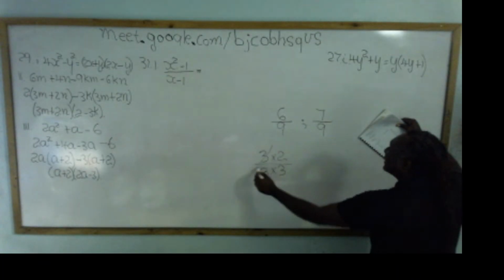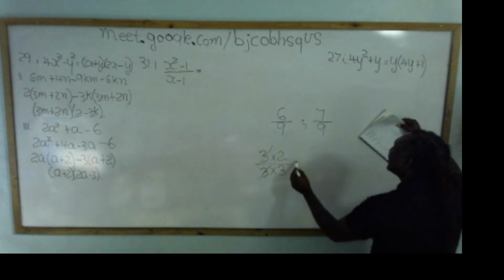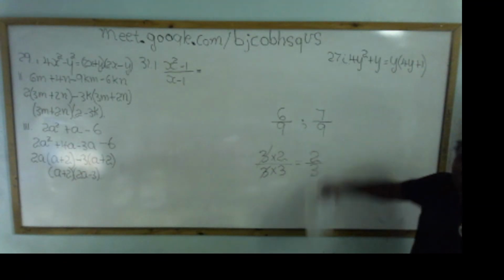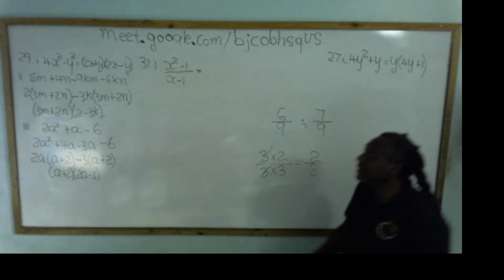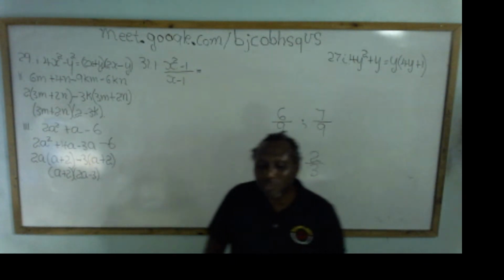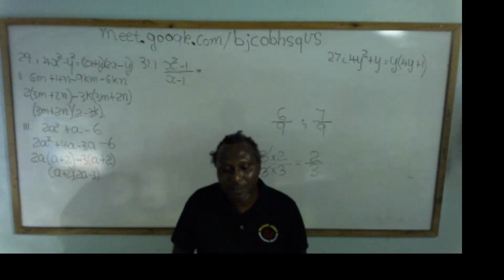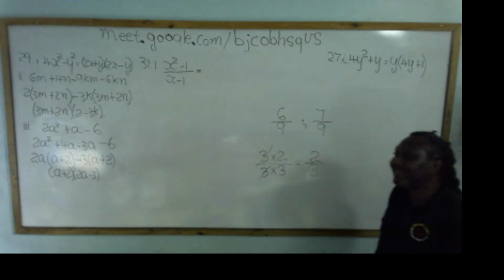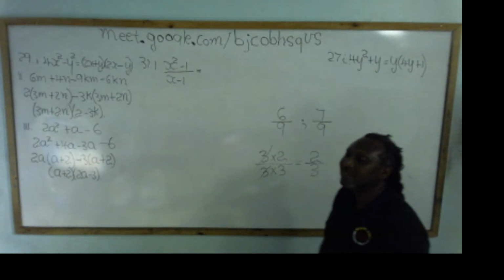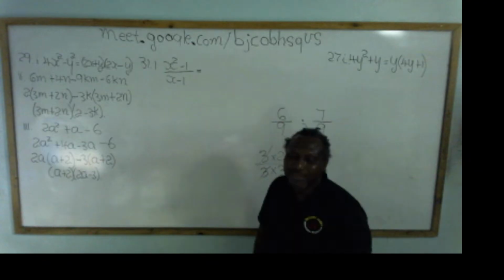So they have the common factors, and you have 2 over 3. You cannot do that with 7 over 9. But because the fraction is algebraic, I think that it's more appropriate for you to factorize both numerator and denominator if possible.